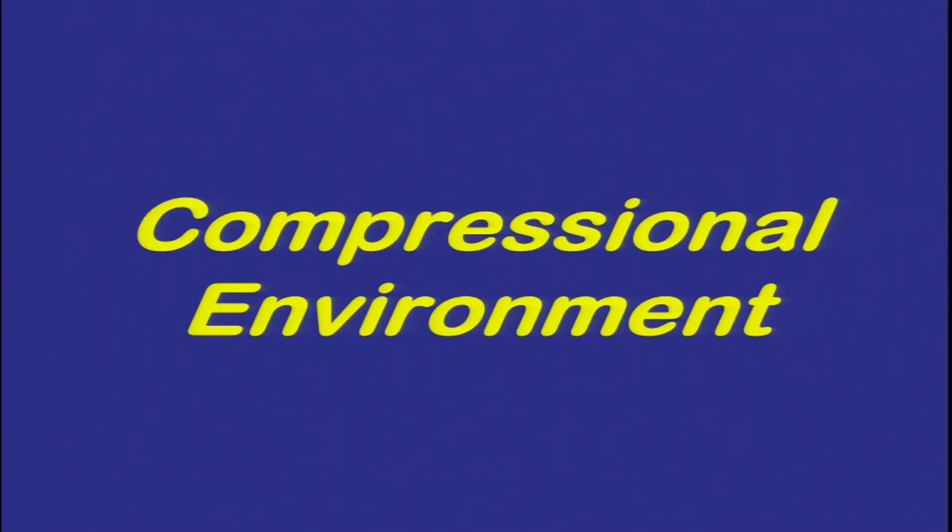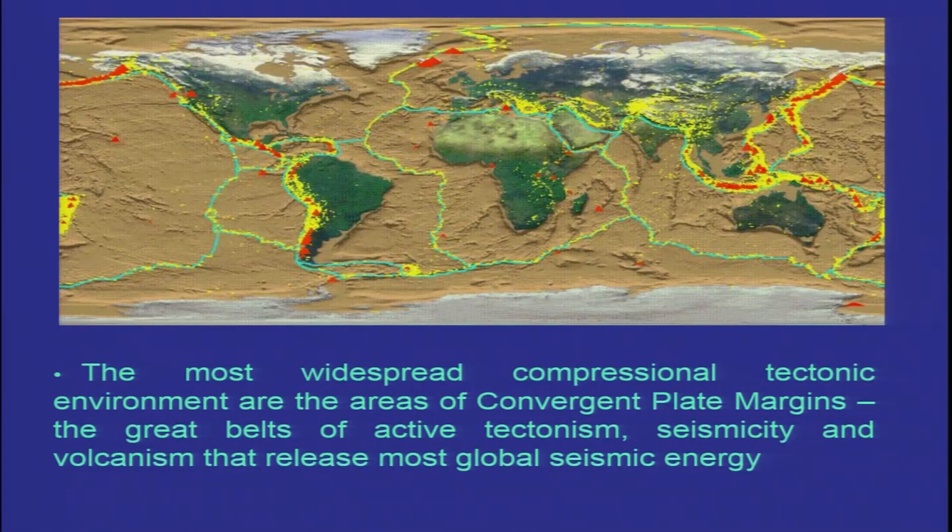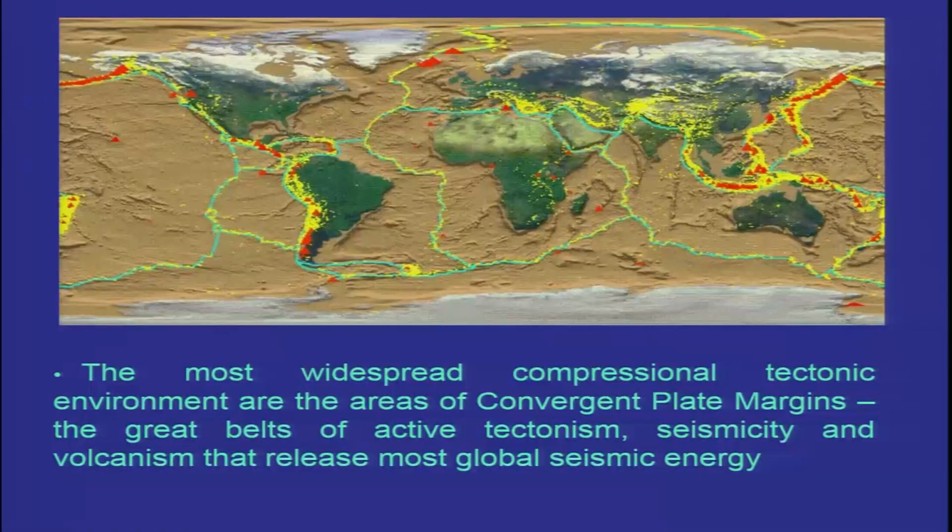Now in compressional tectonic environment we will have sigma 1 almost normal to the fault plane. If we look at the locations of the compressional tectonic environments, then mostly we will find them along the subduction zone and collision zone. So we have one here, which is one of the best examples of the compressional tectonic environment.